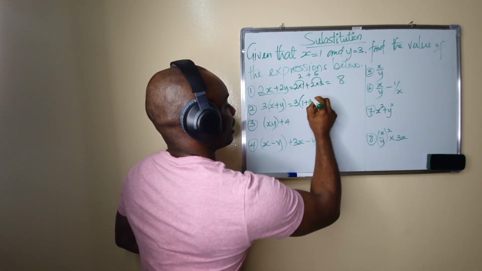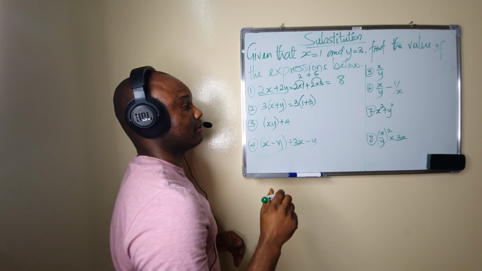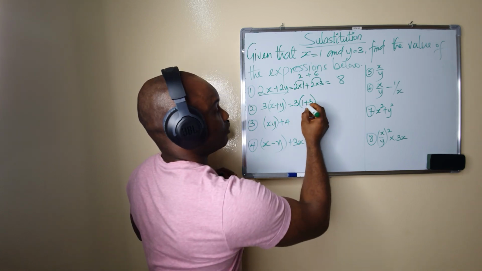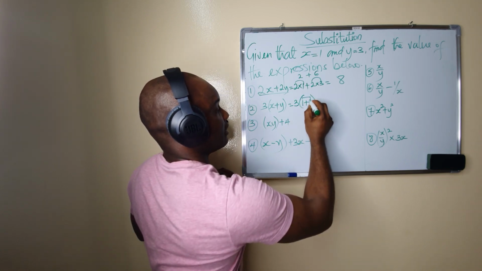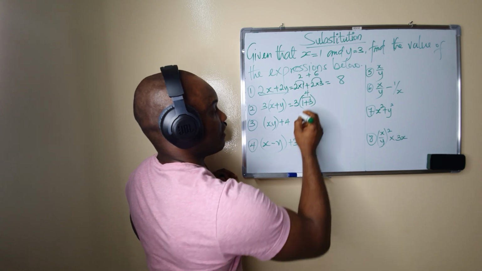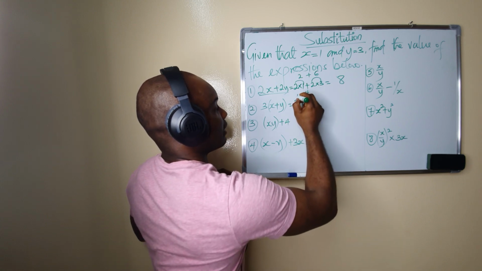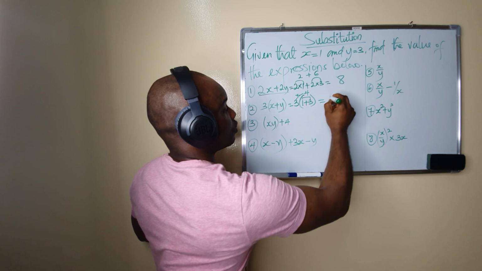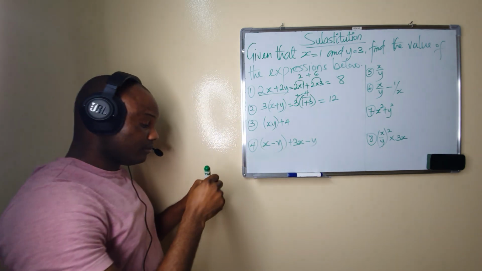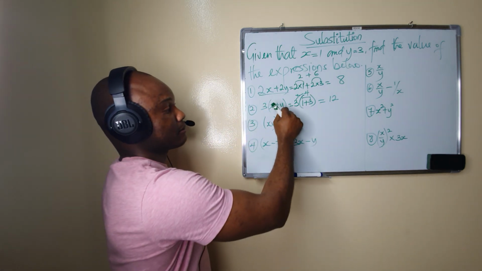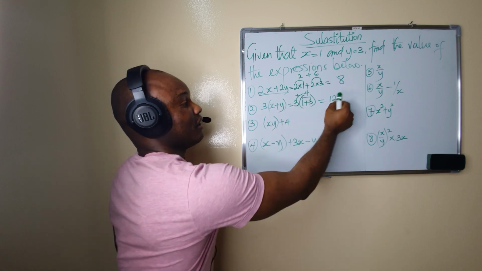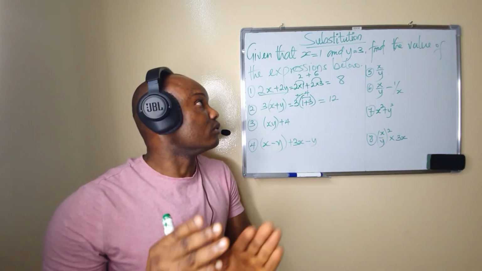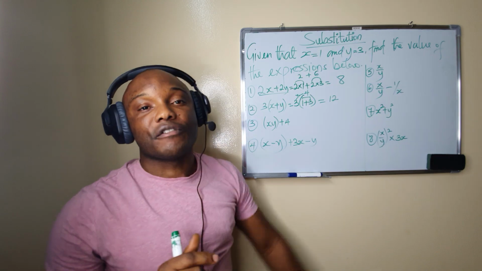We substitute 3 for y. And so we have to add them together. 1 add 3 is 4. Therefore, all we need to do now is to multiply 3 and 4. 3 times 4 gives us 12. It means that 3 open bracket x plus y close bracket has the value of 12 when you substitute x for 1 and y for 3.